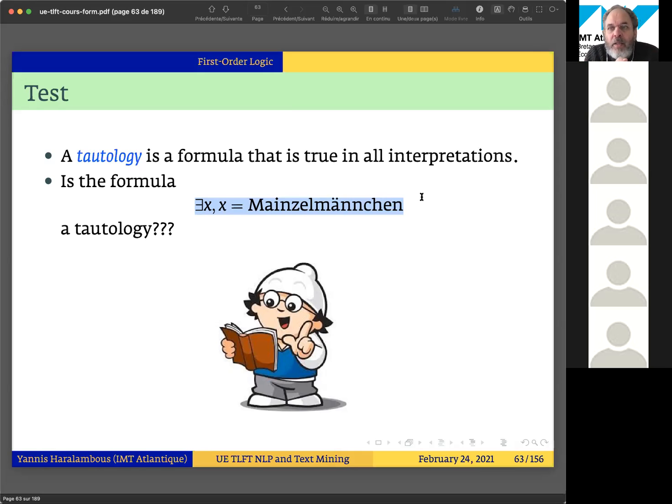And the formula says there exists a value of the variable X, and this value is equal to Mainzelmännchen. Does this value exist? Yes, since we have sent Mainzelmännchen to some element of the domain, there is some element that has the value Mainzelmännchen.